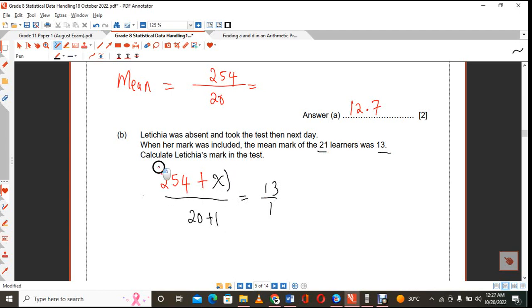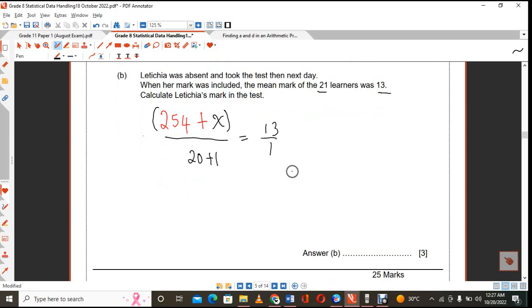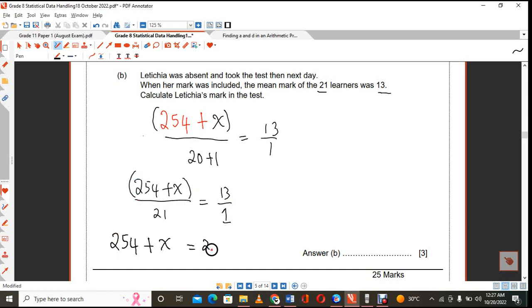Okay, so you can go ahead and you can also, again, as I said, cross multiply. So on top, I will have nothing but 254 plus the mark that we don't know over 21 equals 13 over 1. Cross multiply, that's going to be 254 plus x equals 21 times 13.